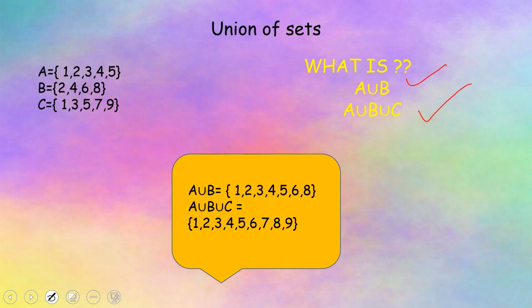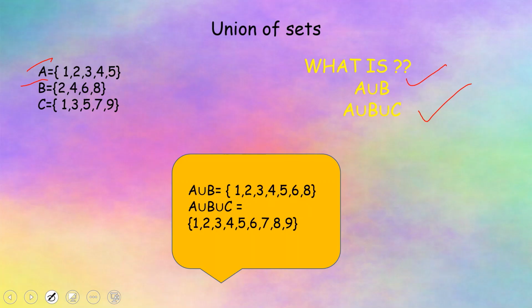When you observe, you notice that A union B is 1, 2, 3, 4, 5, 6, 8. I repeat, A union B is 1, 2, 3, 4, 5, 6 and 8. What do you notice? Look, in the elements of A and B, 2 and 4 are repeated, common in both the sets.